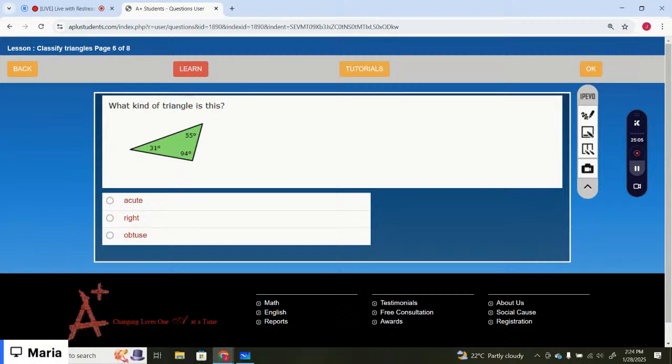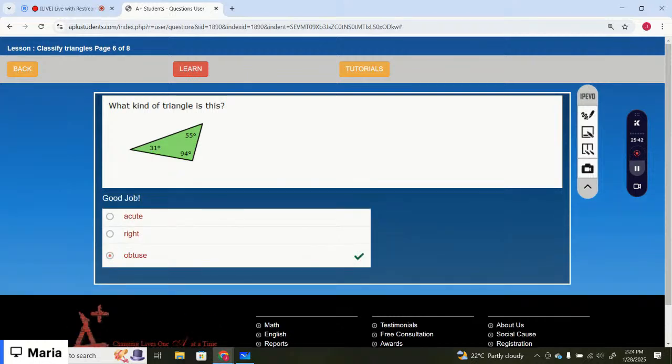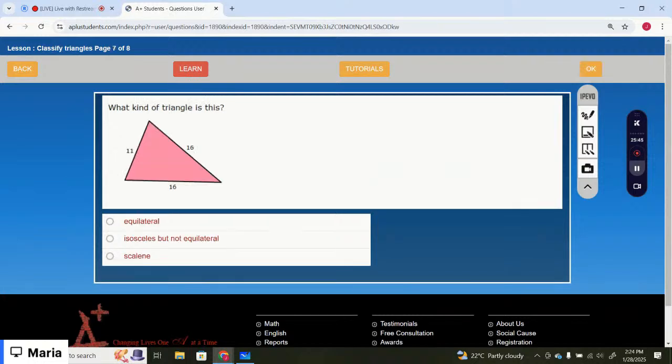What kind of triangle is this? That is obtuse triangle. What kind of triangle is this?